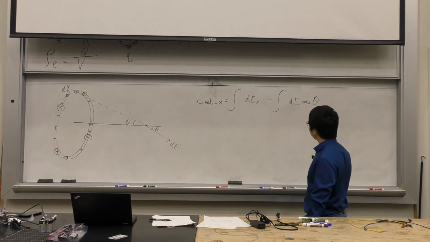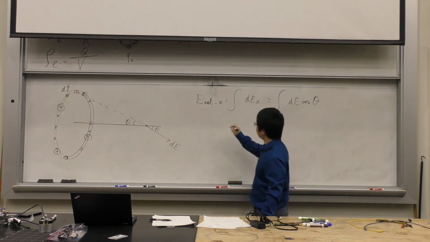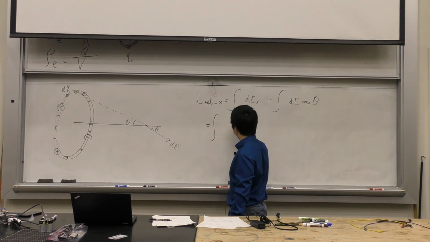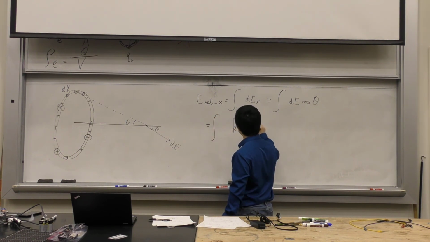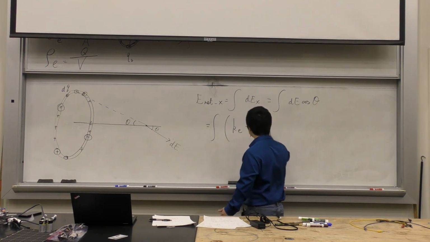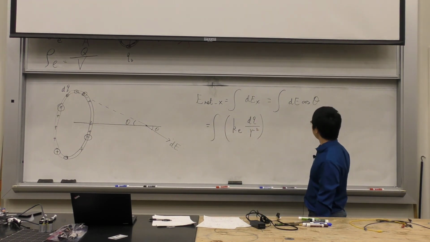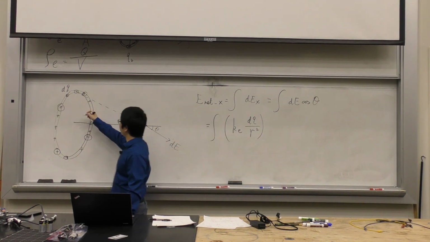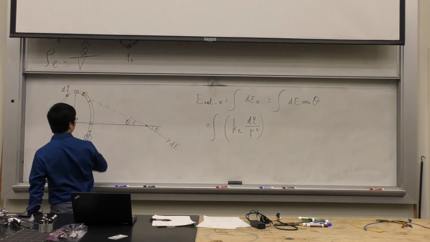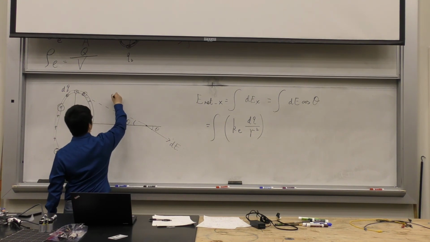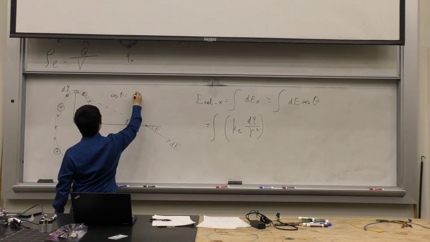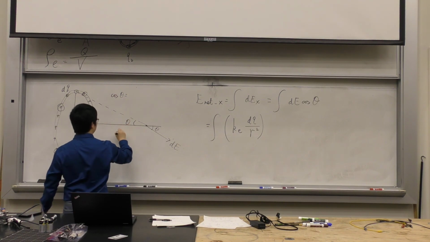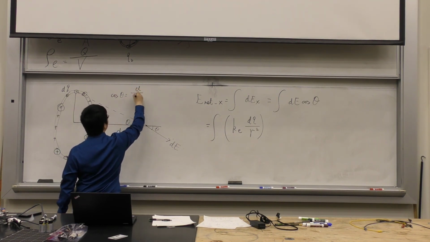Then, how do you calculate dE? I can still use the same theory, nothing has changed: Ke dq over r squared. This is dE. How do you calculate cosine theta? I can still calculate cosine theta in this right triangle. In this right triangle, cosine theta is going to be the distance d over r.